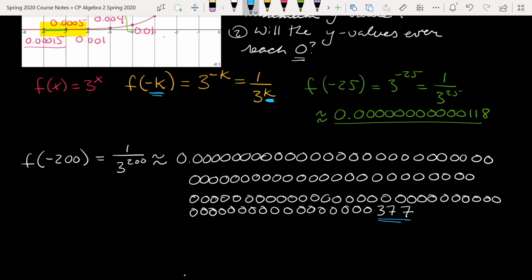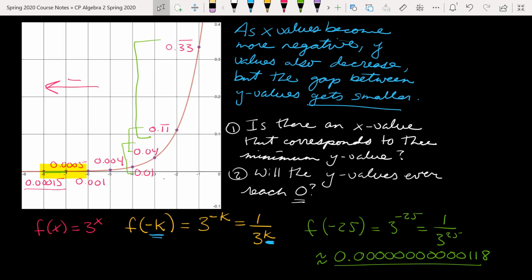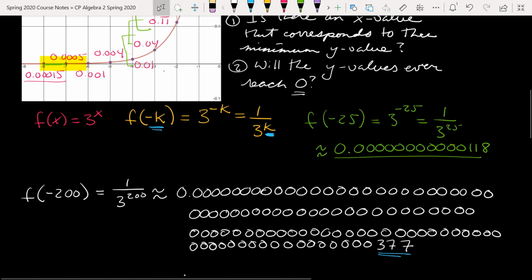important point. The gaps between y values in this graph get smaller and smaller as the x values become more and more negative. The y values become less and less, but since this pattern of 3 to the k always holds, that denominator can get larger and larger and larger, but never so big that 1 divided by that denominator gives us exactly 0.